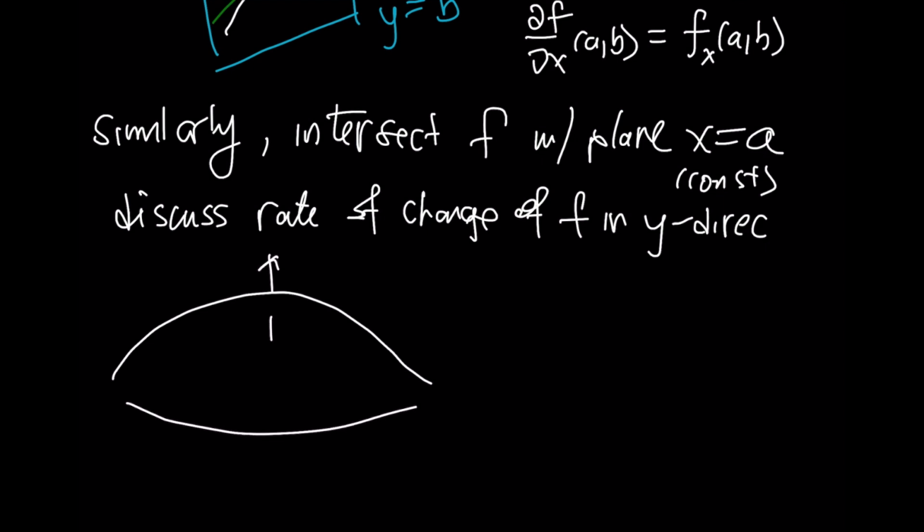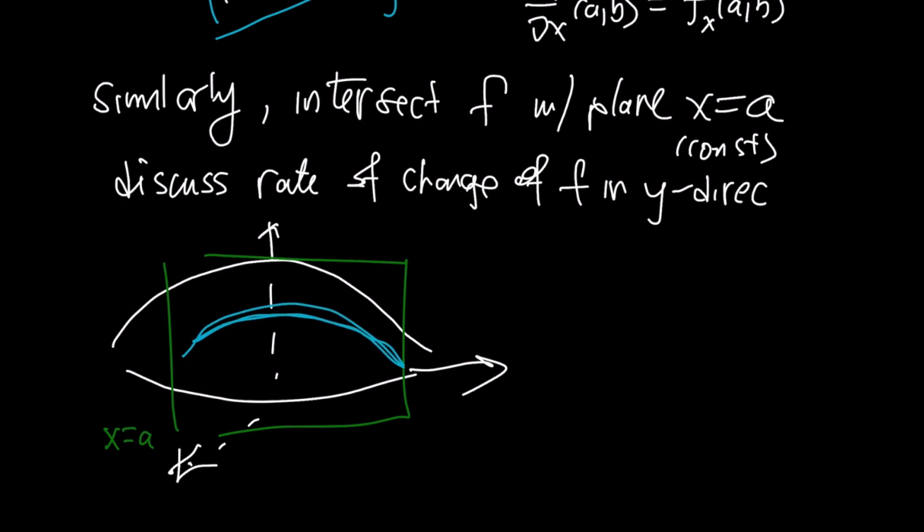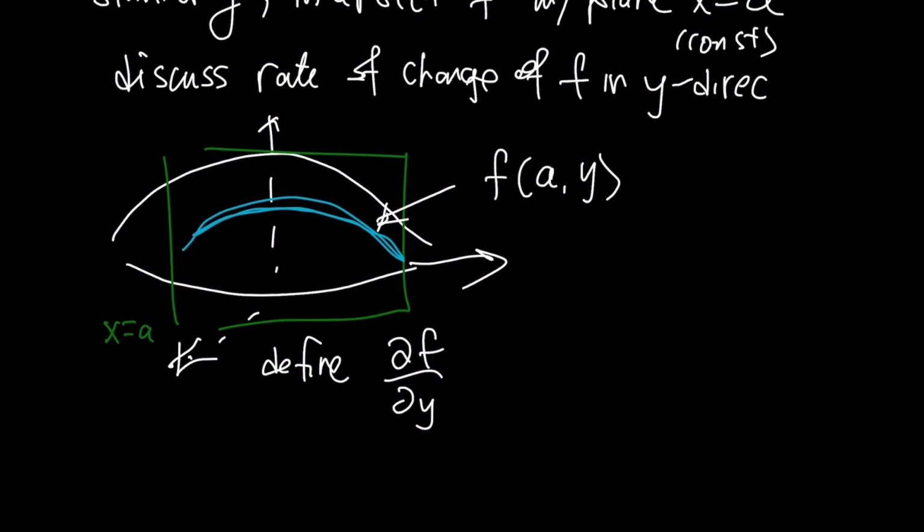And now what we're going to do is take a plane that cuts in this x location. So x equals a. There's going to be some sort of curve of intersection here. So there's the curve of intersection. This curve now is some function of a and y. So we are going to define this partial derivative of the function with respect to y at the point a, b.